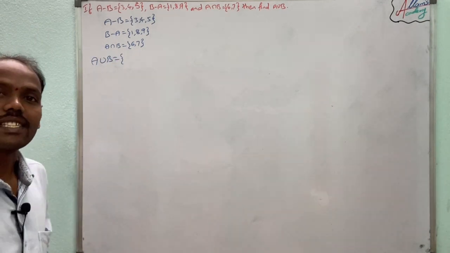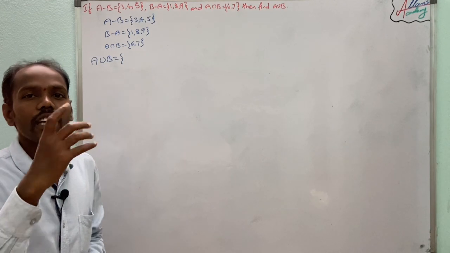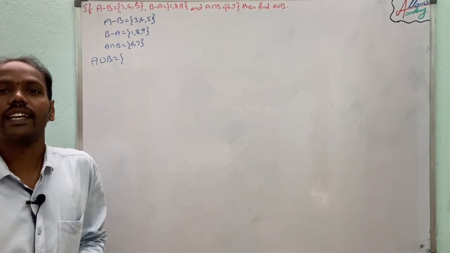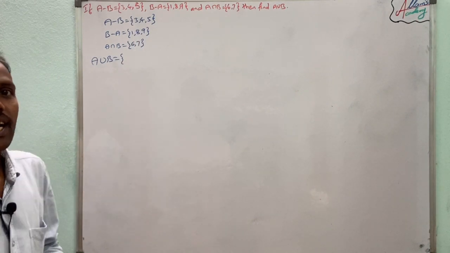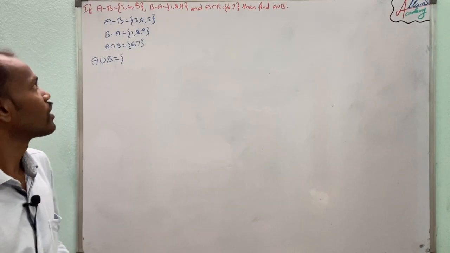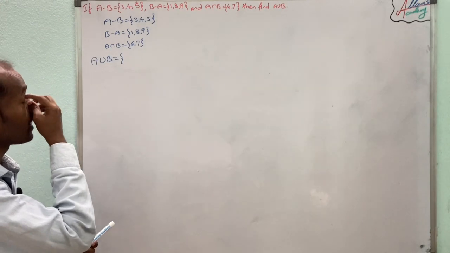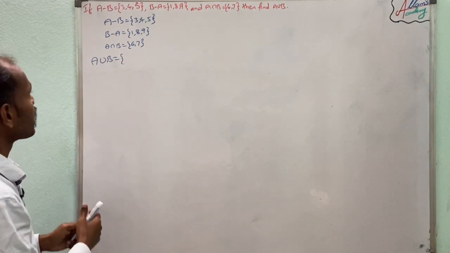Union is nothing but all the given elements written as a set. Here, if we observe, no element is common, so we write all the given elements as a single set.